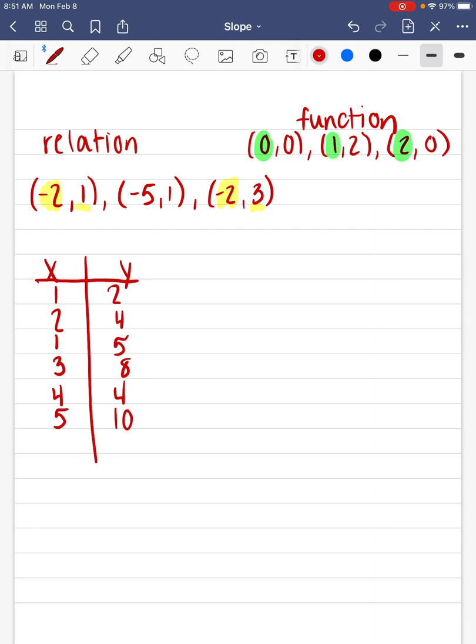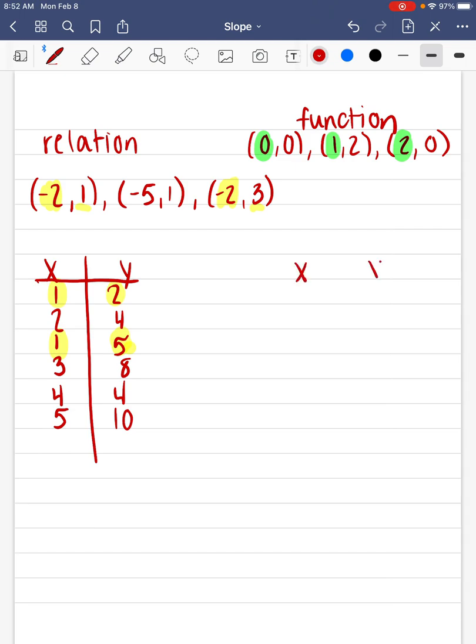So this is definitely a relation. Relation is less specific, but if we look here, we can find the reason why this is not specifically a function. So if we look at our x values here, we have two that are repeating. We have 2 1s. And if we look in the y category, they have different y's. We cannot have two x's with different y's.